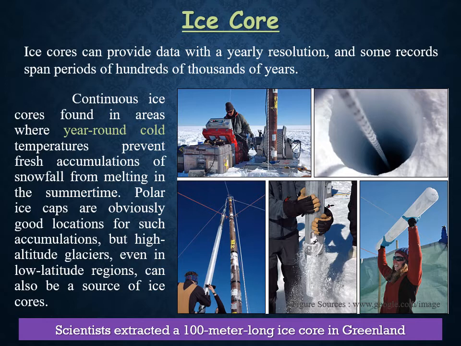Now, the areas which are favorable for these kinds of accumulation must be the polar ice caps, the polar areas where temperature is very low year around. But not only the polar ice caps, the high altitude glaciers, even in low latitude regions, for example the high mountain tops of the Himalayas, are also good sources for getting ice cores.